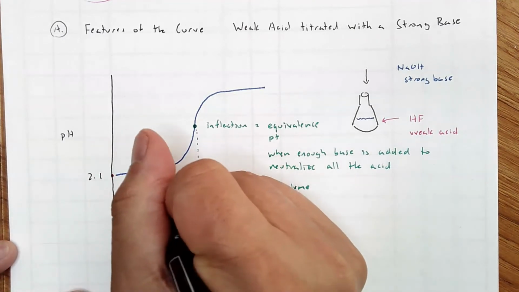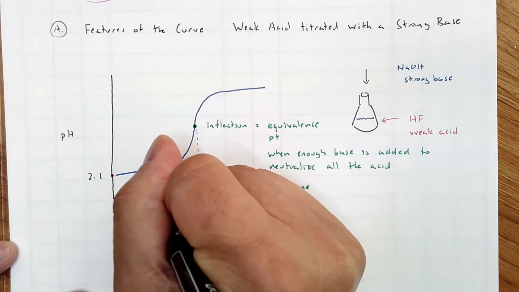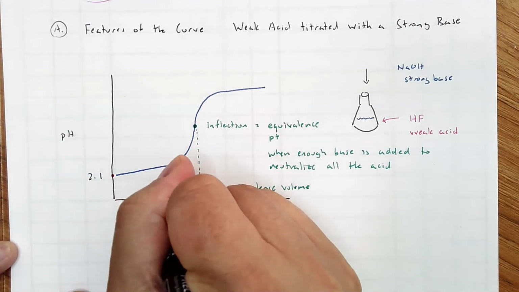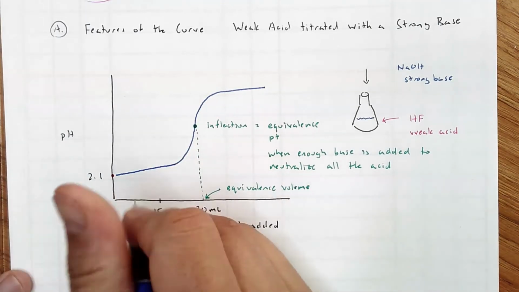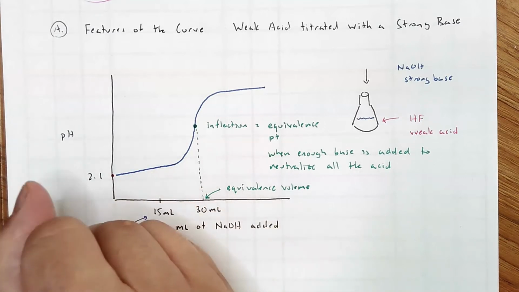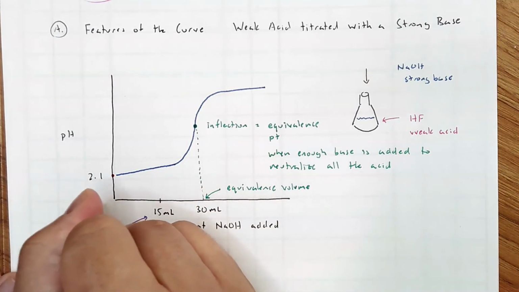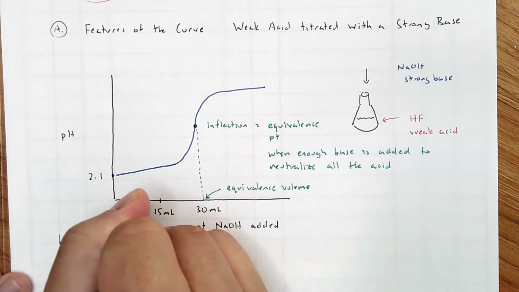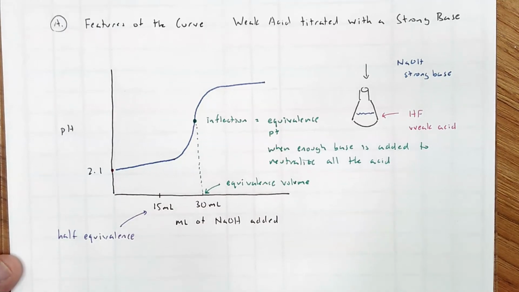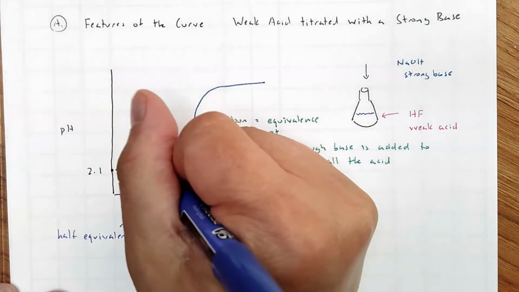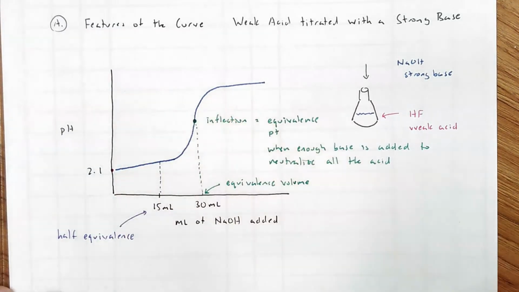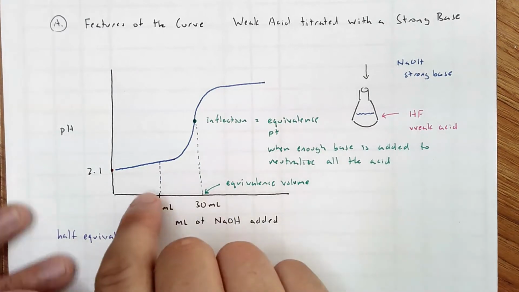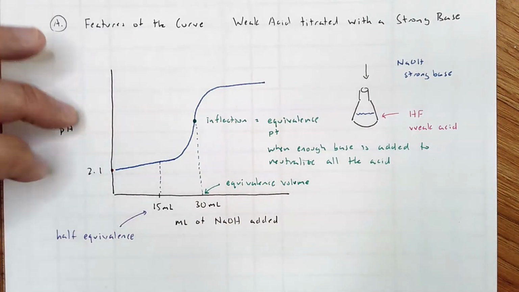Find where it's 15, so maybe there. This is called the half equivalence, and it's very special. Because at that point here, and I'll just trace there, we're going to be looking at the pHs.